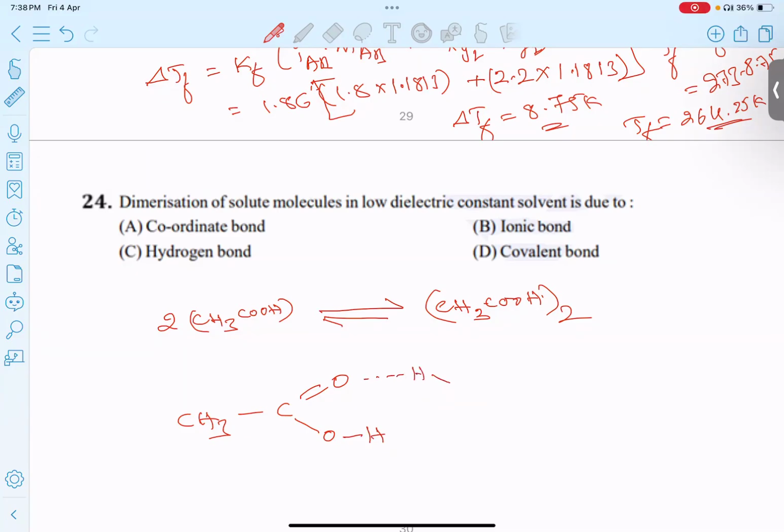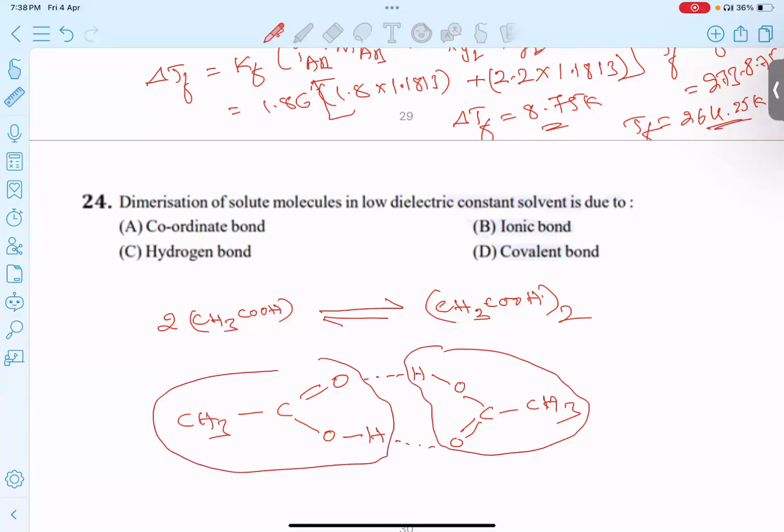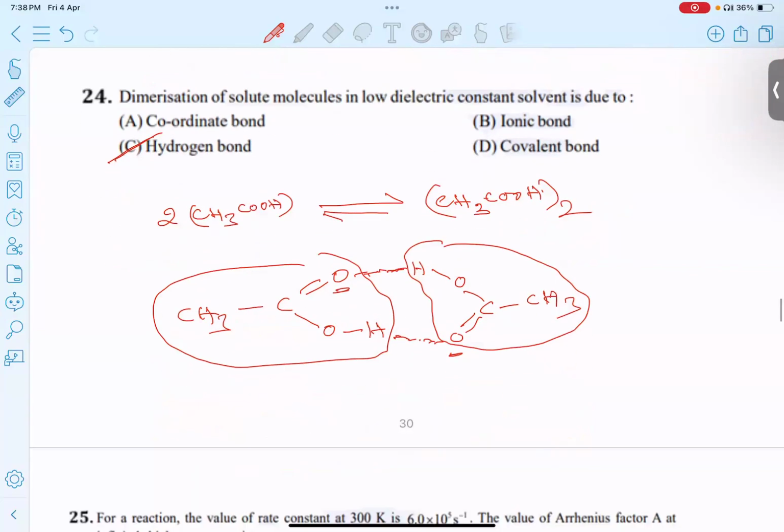This is H, O, C double bond O. This is H. This is CH. So this is one molecule of acetic acid. This is another molecule of acetic acid. These two are linked through a hydrogen bond. What do you mean by hydrogen bond? The attraction force between the hydrogen atom and a highly electronegative atom like oxygen. So the correct option is hydrogen bond. Dimerization of solute molecules in low dielectric constant solvent is due to hydrogen bond.